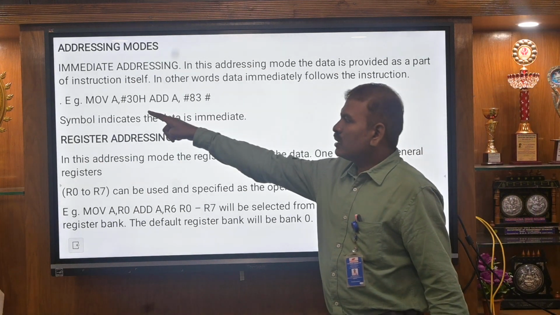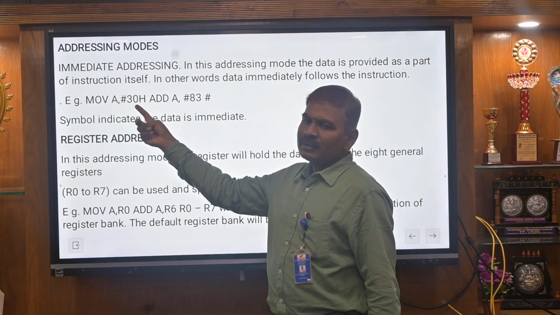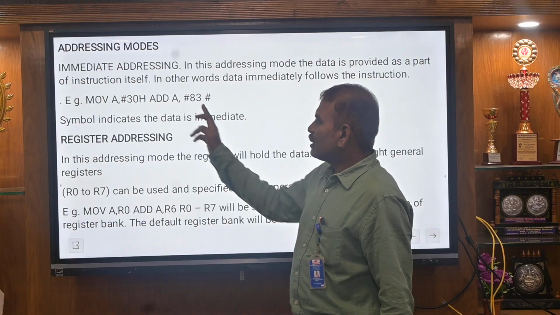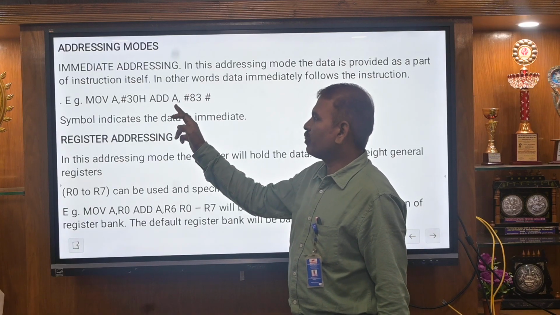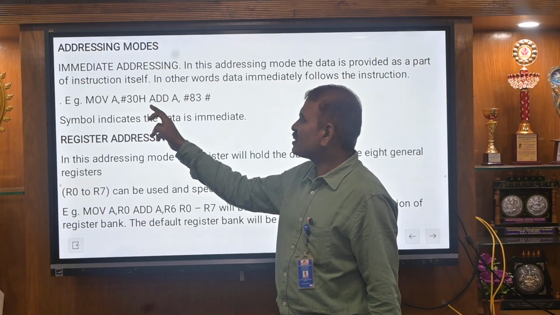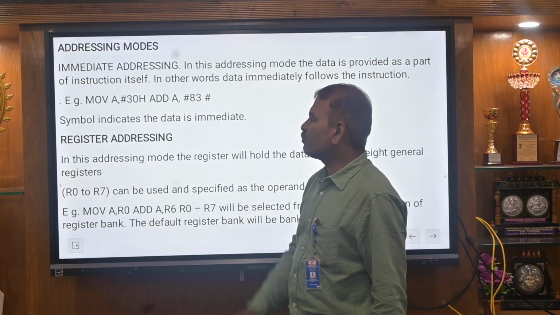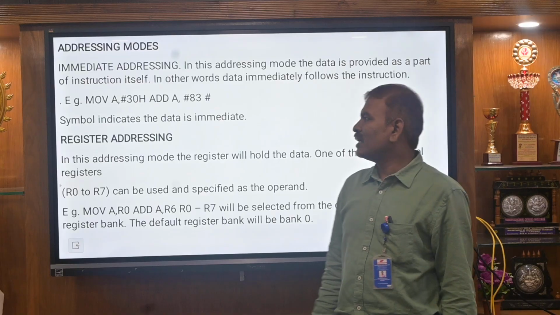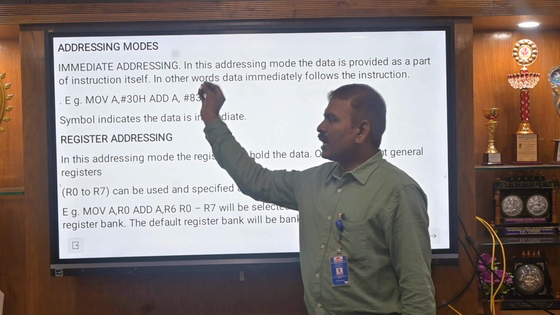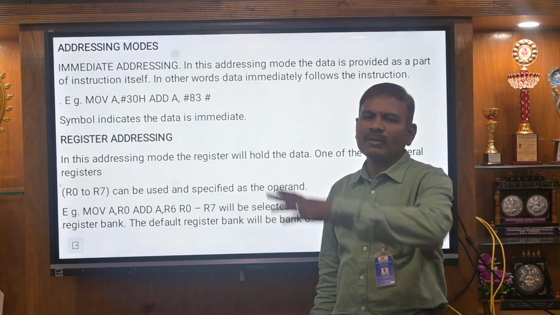See the example. This part is for the opcode, and this is for the operand. 30 hexadecimal is moved into the accumulator, and then we perform the addition operation. Whatever value we sent, 30 hex, is in the accumulator, and on that value we perform an arithmetic operation: we add 83 to the data and store it into the accumulator, then the value will be moved into that particular location.